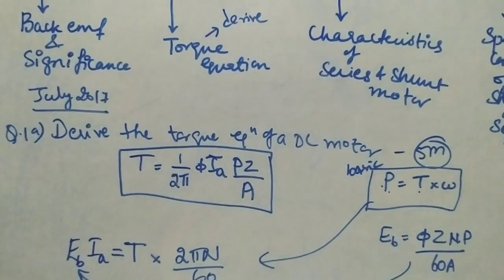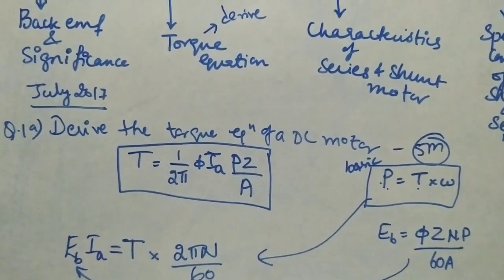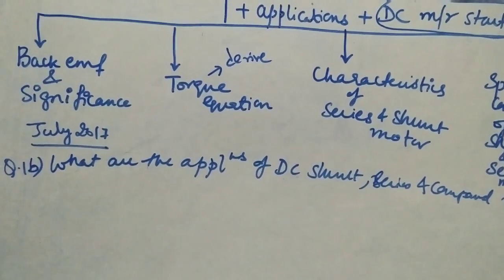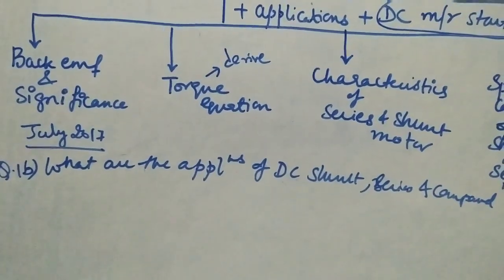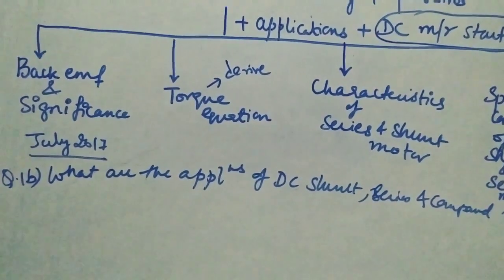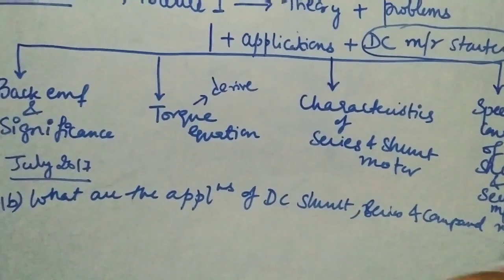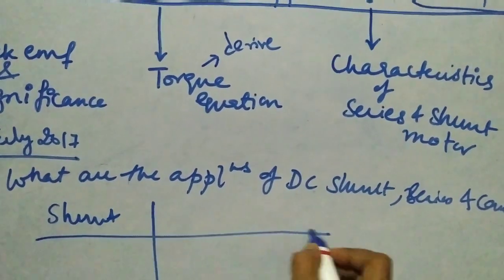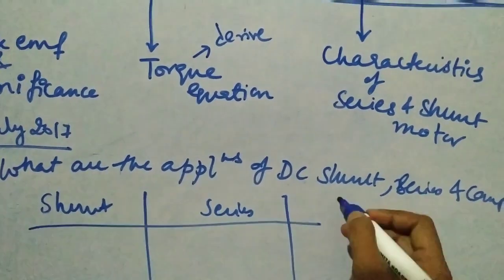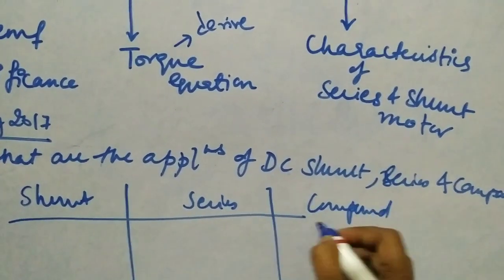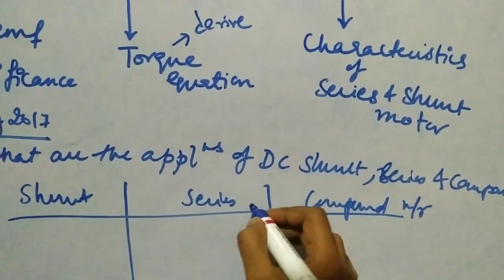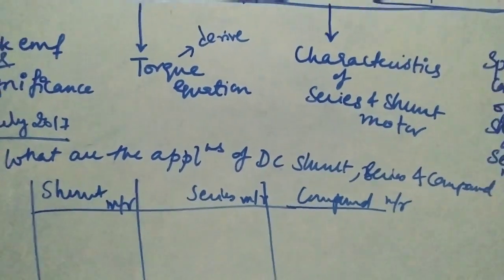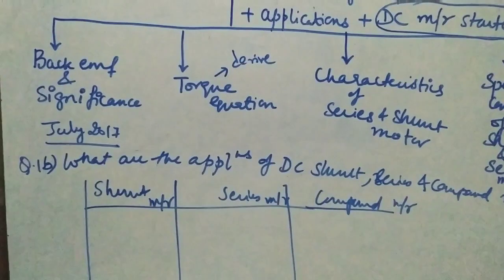Now let's move on to the second 1B question that appeared in July 2017. The next part of the question is 1B: what are the applications of DC shunt, DC series and compound motors? You have to segregate these as shunt motor, series motor and compound motor. With its characteristics, the speed of a DC shunt motor will always be fairly constant with medium starting torque.